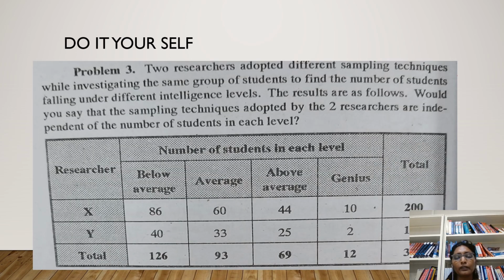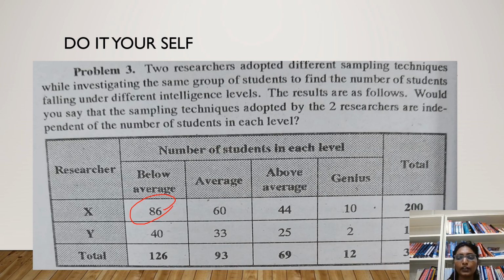So do it yourself. So you have to check this. Here they have given 4 categories: below average, average, above average, genius, and some X or Y. X means boys, girls. So for this, how to calculate the expected value? The corresponding total 200 into 126 dividing by the grand total, that gives 300. So likewise, you have to find the expected value and then put it in.